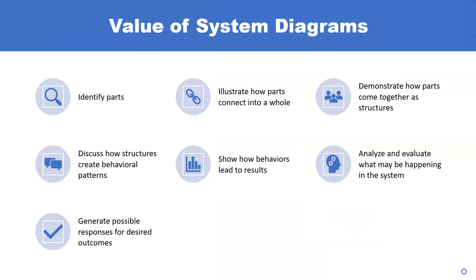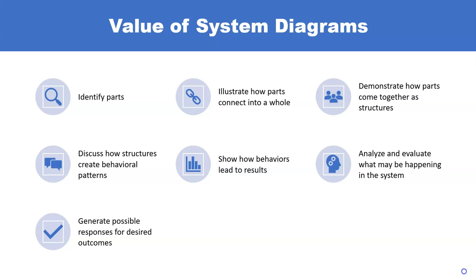The value of systems diagrams are many, one of which is that it helps you identify the parts in the first place, and then it helps you illustrate how those parts connect into a whole. It also helps you demonstrate, by depicting how they are connected, how they come together as structures, and how those structures create behavioral patterns.